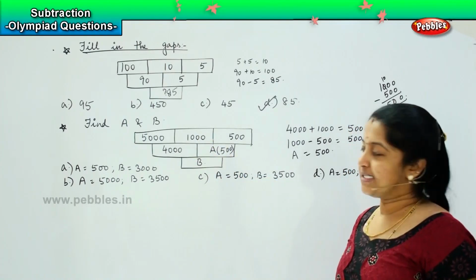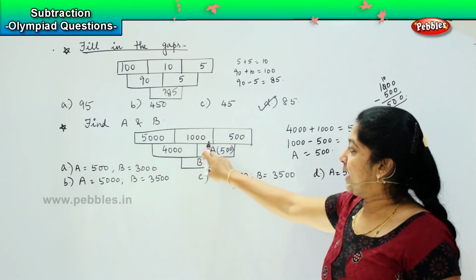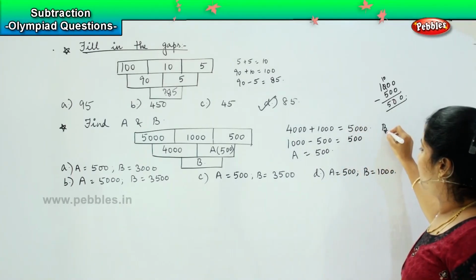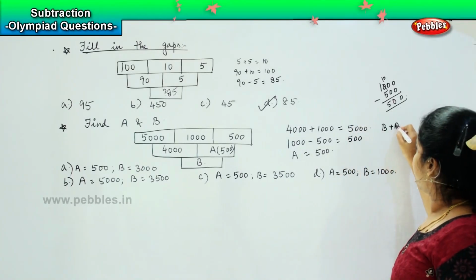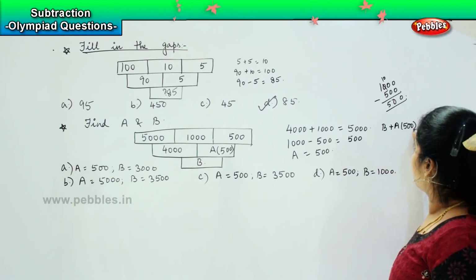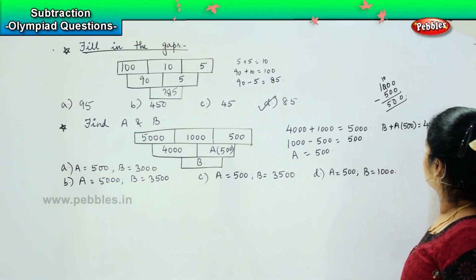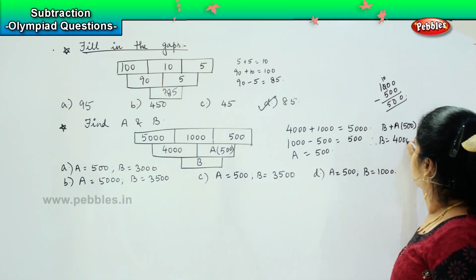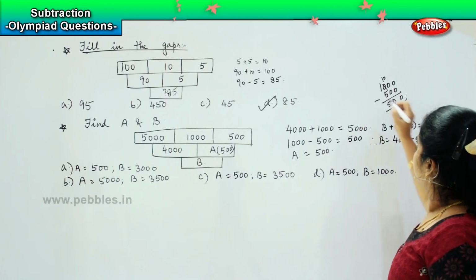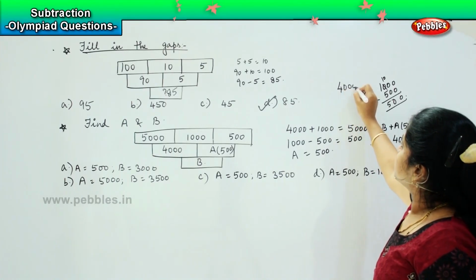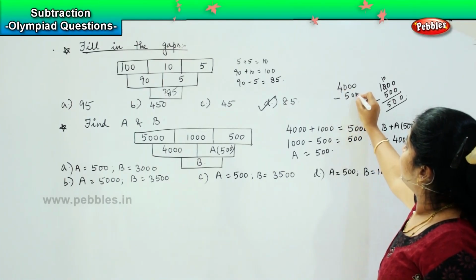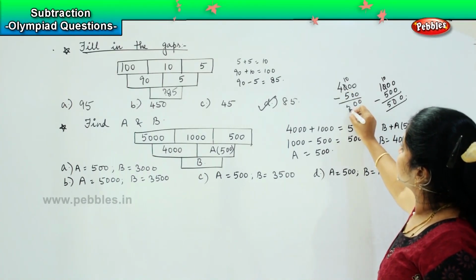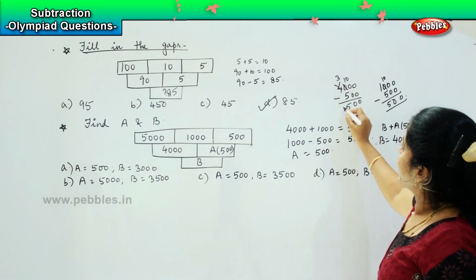The same logic applies here. If I add B with A, I get the answer 4,000. So B plus A, which is 500, is equal to 4,000. Therefore, the value of B will be 4,000 minus 500. 0, 0, 10 minus 5 is 5 and 3.